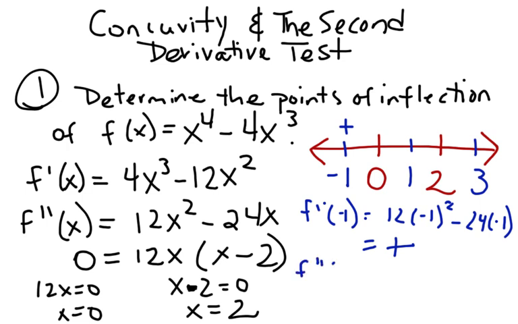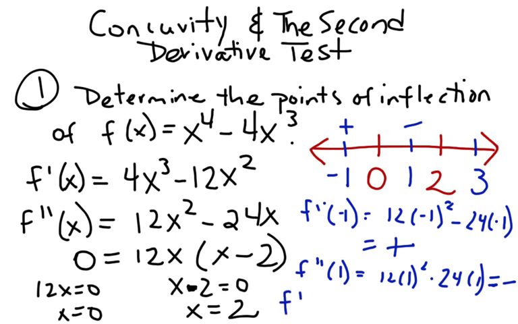Now f double prime of 1 is going to be 12 times 1 squared minus 24 times 1, which is a negative, so it did change signs at 0.